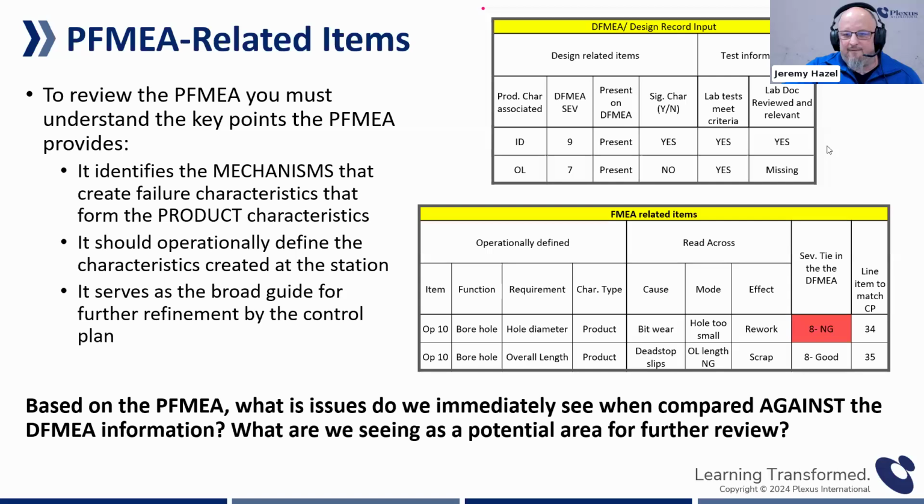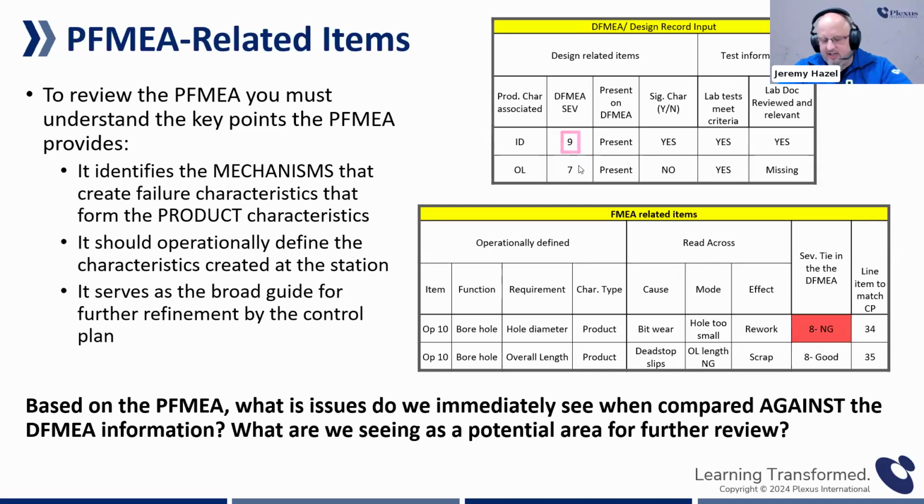So here's what we had from the design side, right? When we go to the PFMEA and we bring in the severity, on the PFMEA it shows an 8 in severity, but the DFMEA shows a 9.